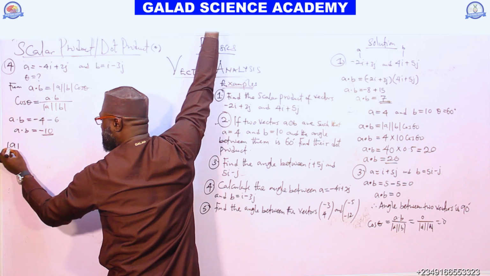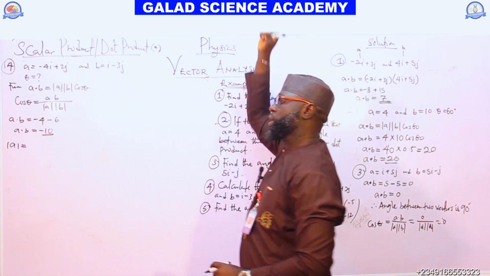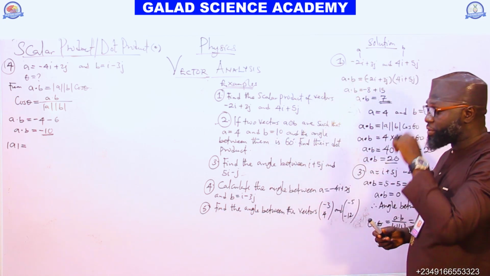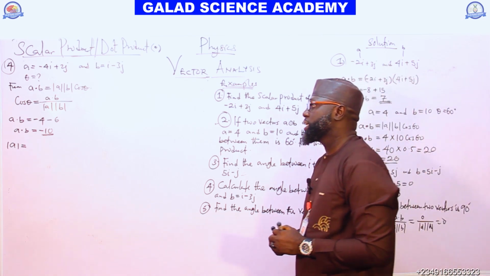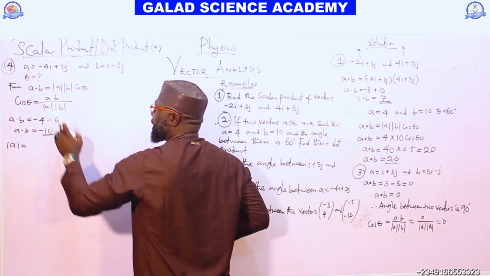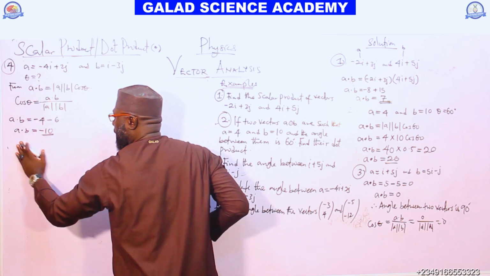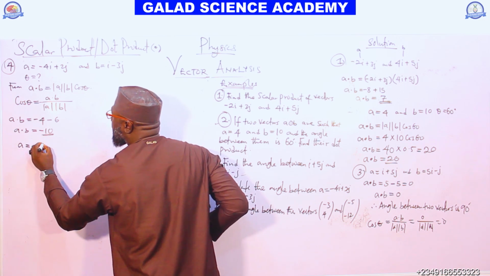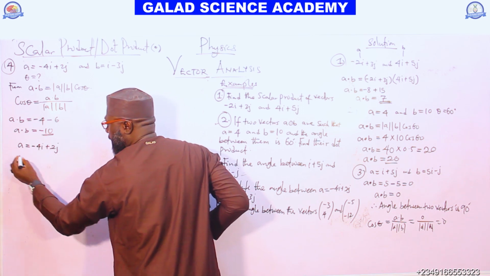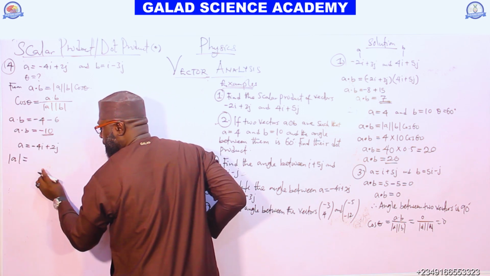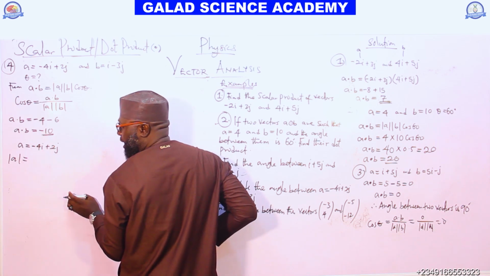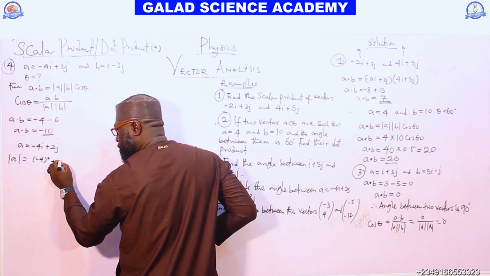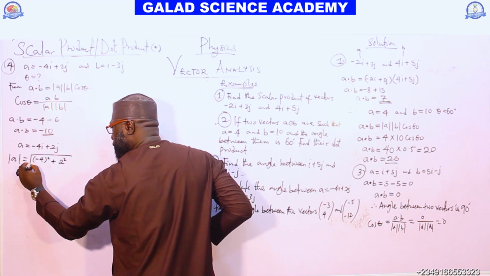If we have to find the A magnitude, given that A is minus 4i plus 2j, the A magnitude will be the square root of minus 4 squared plus 2 squared.